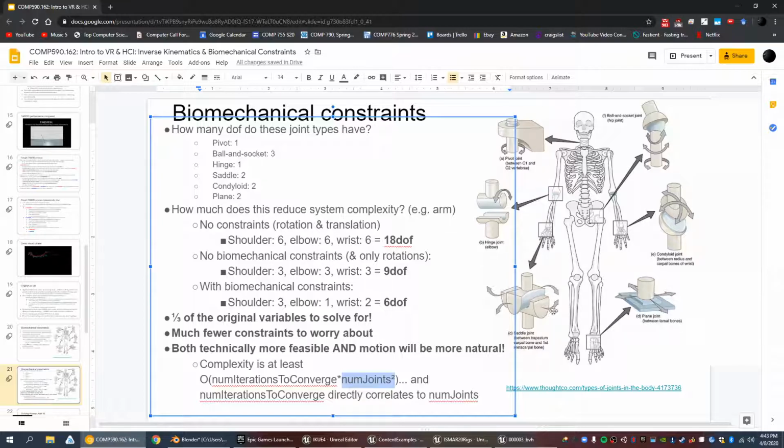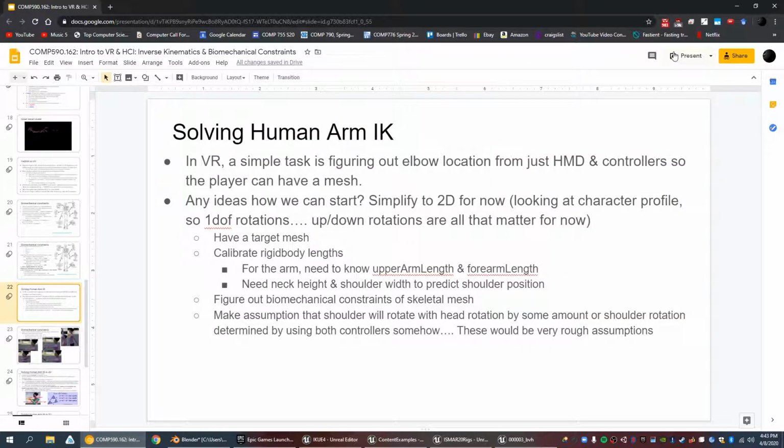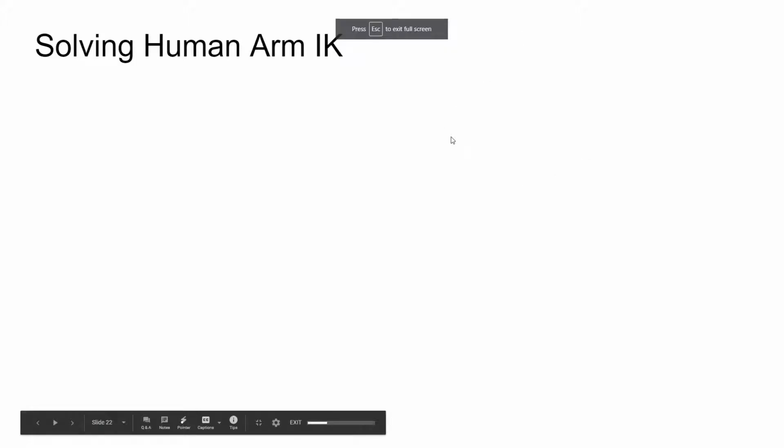So another thing to think about is that the number of iterations to converge will probably skyrocket with the number of joints, so there's some dependency there. So having more joints just accelerates the amount of technical complexity that it takes for the computer to calculate an ideal pose. So knowing the biomechanical constraints helps a lot.